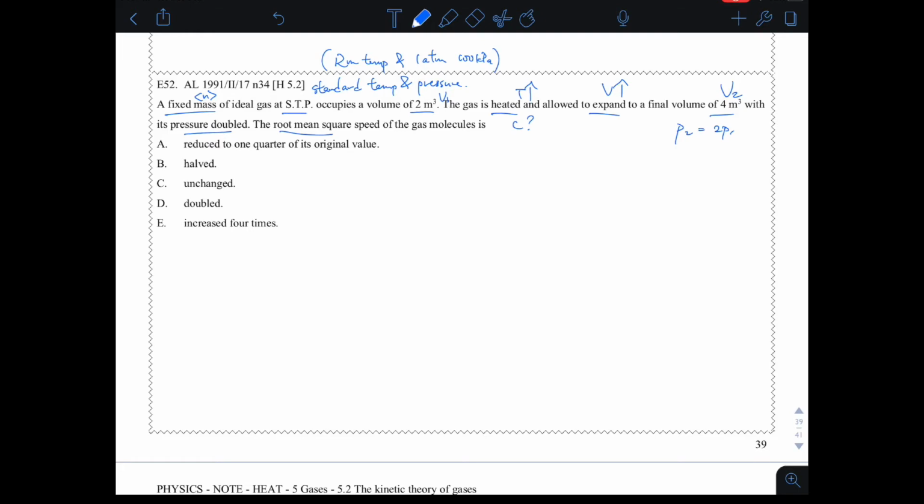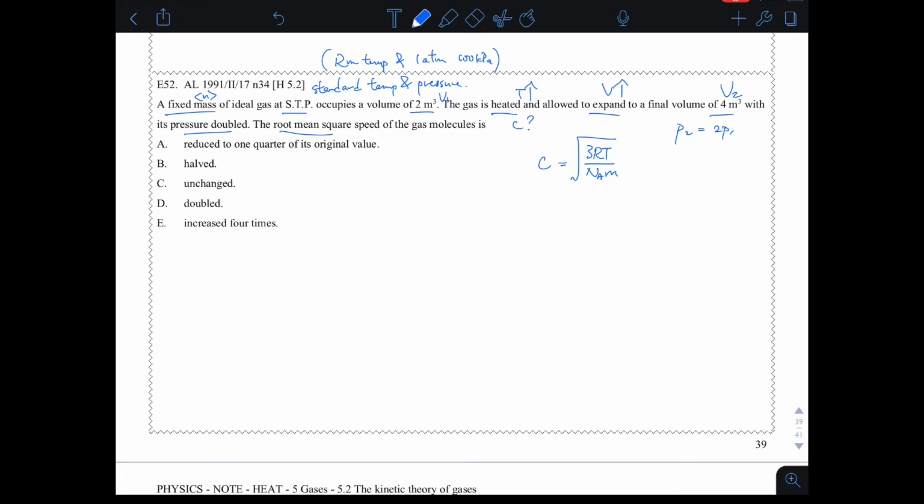You have two ways to do it. One way is to use the ratio, directly proportional to the square root of T over M. But usually we don't feel comfortable with ratio stuff. So if you're good at that, then go on. But if not, then we are going to use the exact equation, which is C is the square root of 3RT over NAM here, which we can easily derive.